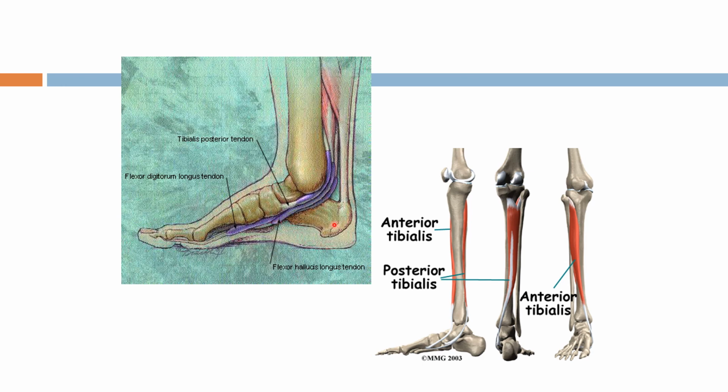This is the medial ankle region where you have these three tendons coming along here. You can get some issues with a nerve that runs through here as well. So knowing this region is obviously very important. You can see how those tendons wrap around the medial malleolus.